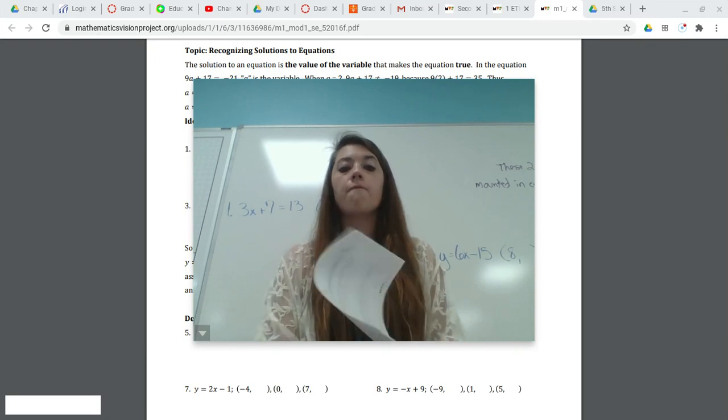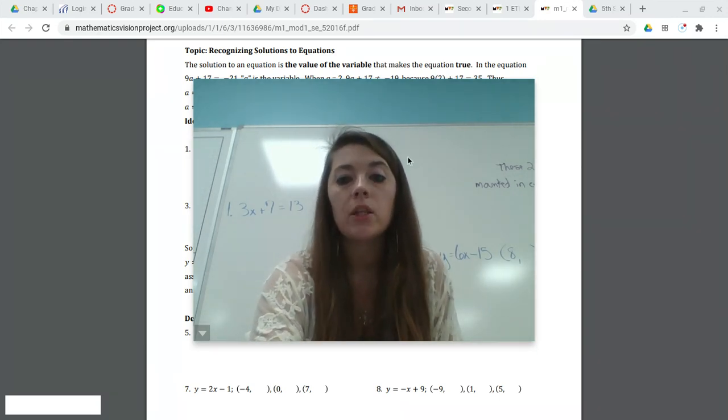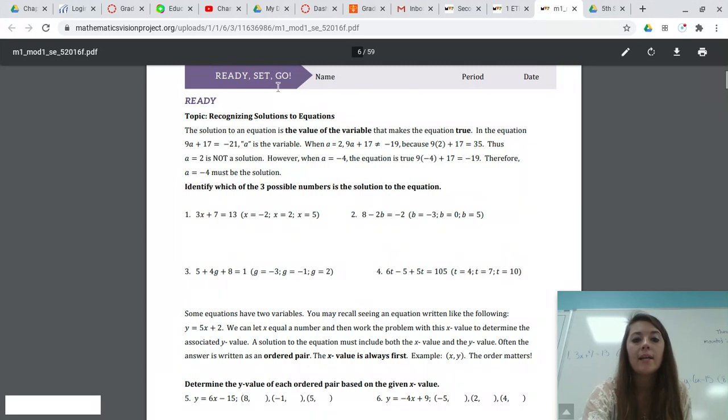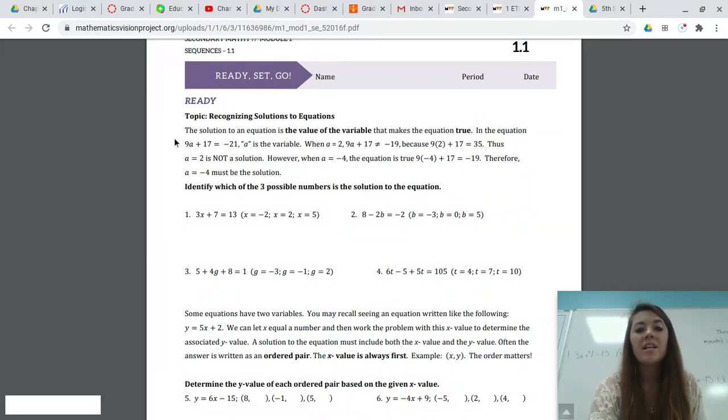All right, so the first part of what we're going to look at, I'm going to move myself down over here so you can see. We are looking at this right here. So recognizing solutions to equations. The solution to an equation is the value of the variable that makes the equation true. In this equation, 9a plus 17 equals negative 19, a is the variable.